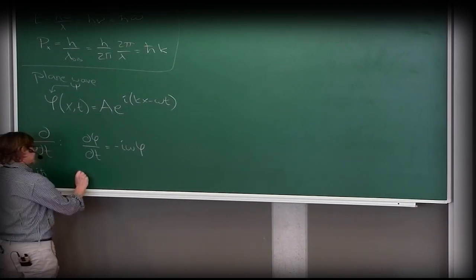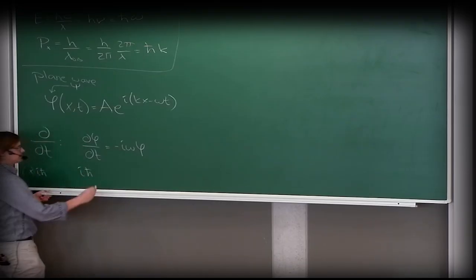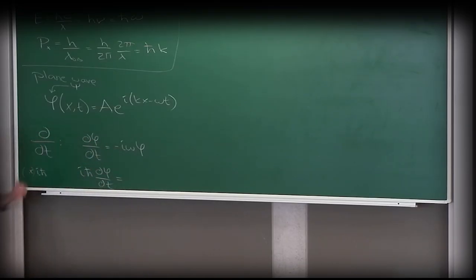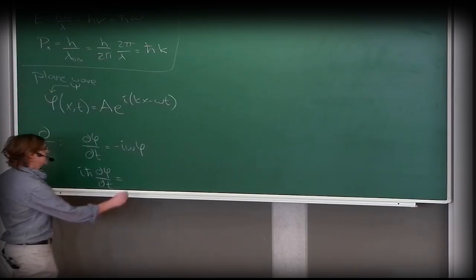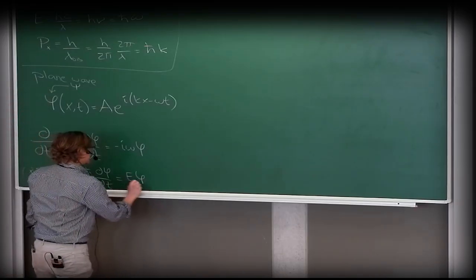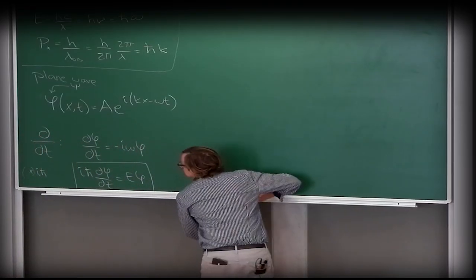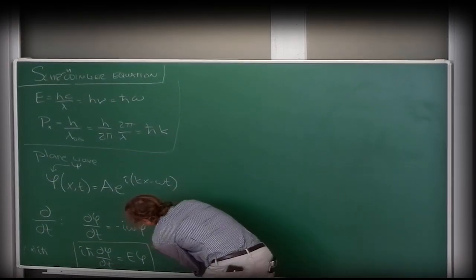So we multiply this by i times h bar, we get i h bar d phi dt. And on this side, well, we have omega h bar, right? And omega h bar is just E, up there, de Broglie. Right? So that's just E phi. So that's a little neat equation that we have. You can call it 1.